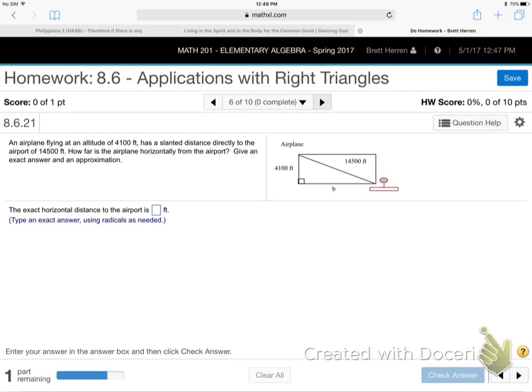All right, so an airplane, altitude 4,100, has a slanted distance directly to the airport of 14,500. So this is 14,500. Find the B. So it's an A squared plus B squared is C squared with big numbers.